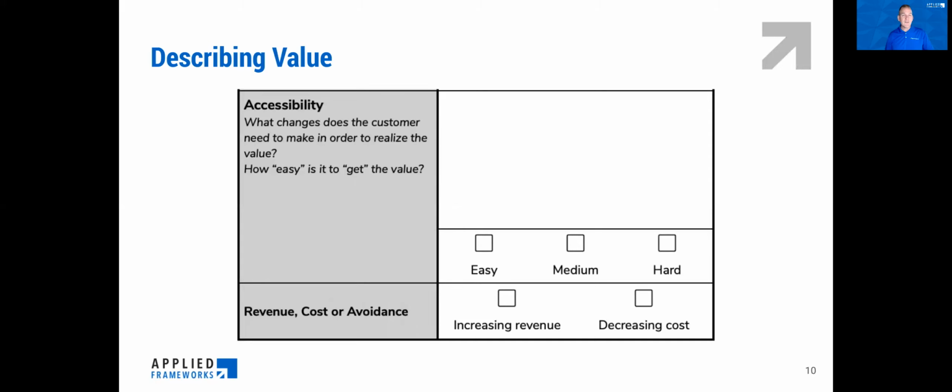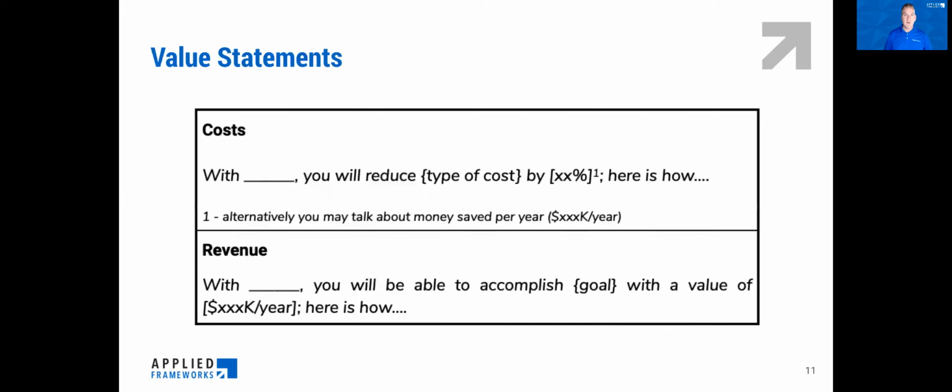Next is how easy is it for the customer to access the value? How easy is it to get started with the product or service and then continue to use it? And finally, we want to classify whether this is increasing revenue, decreasing costs, or potentially you can write in one of the other value drivers. And as you can see here, a formula to state the value.